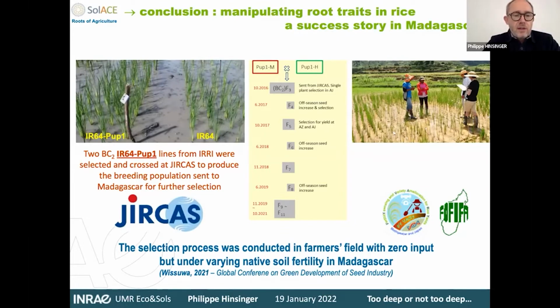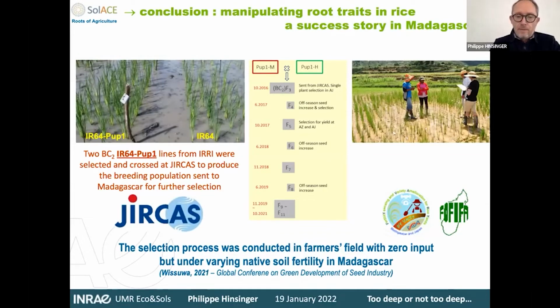They did this backcross and then sent these lines to Madagascar to complete the selection process in farmers' fields with local conditions, very little use of fertilizers, and actually zero input in this selection process, under varying native soil fertility conditions with farmers.